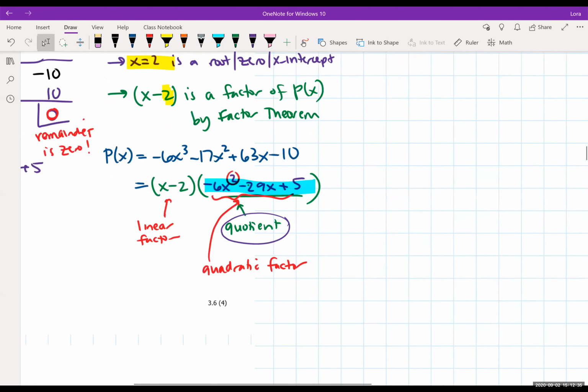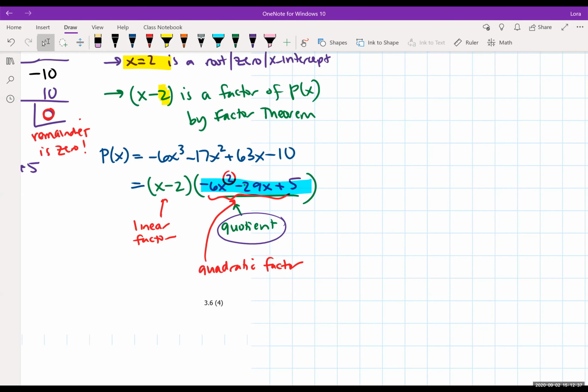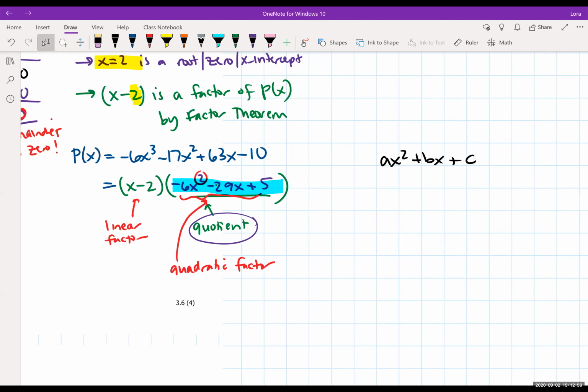I notice I do see a polynomial of the form ax squared plus bx plus c. It's a trinomial in that nice form. And that gives me a little bit of freedom in what I'm trying to work on. I can use the a times c method.